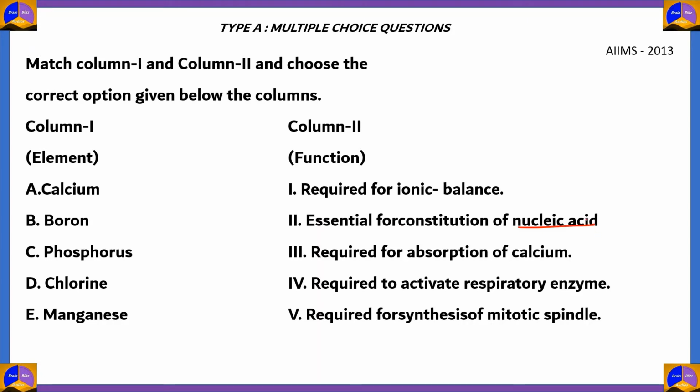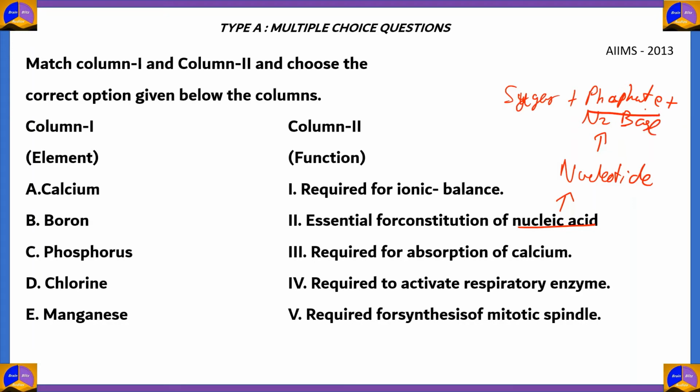Nucleic acids are a polymer of nucleotides, and each nucleotide is made up of a pentose sugar, a phosphate, and a nitrogenous base. Since we have a phosphate here, that means phosphorus is essential for the constitution of a nucleic acid. C binds with 2.